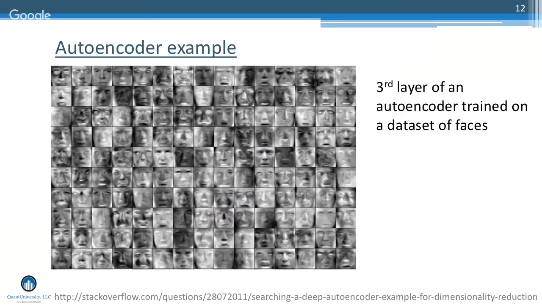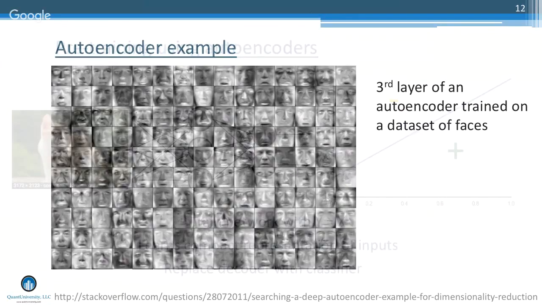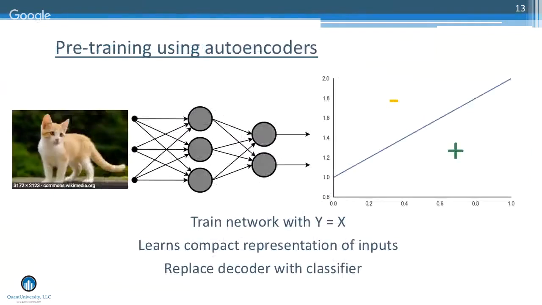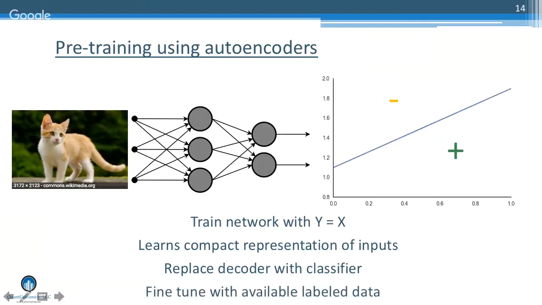Okay. So let's see an application of what you could do with an autoencoder. Here, you're training a network, and you want to use it as a classifier. You take this original representation of the data, come up with a hidden representation, and use this hidden representation for your classification.